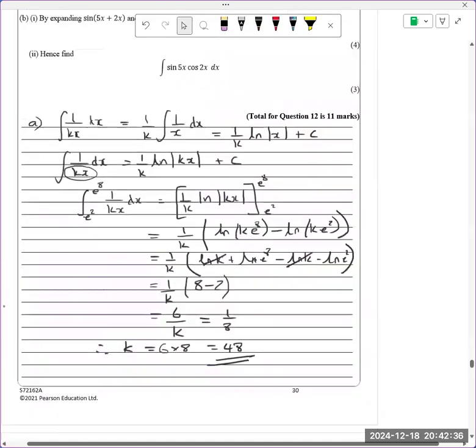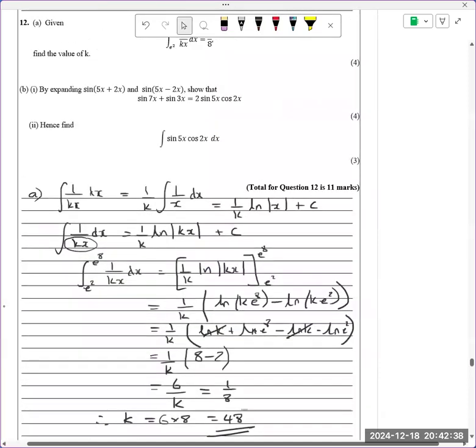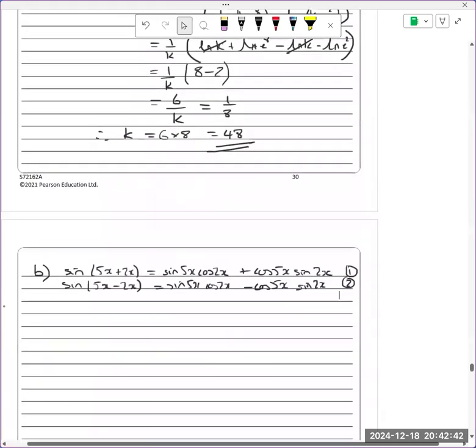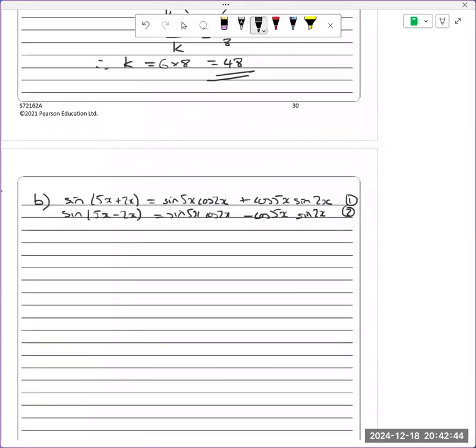And what we actually want is to add this. We want the 7x plus the 3x. So we want to add those two equations because this is obviously 7x. So therefore 1 plus 2 gives us sine of 7x plus sine of 3x is equal to twice sine 5x cos 2x, because those terms cancel out.